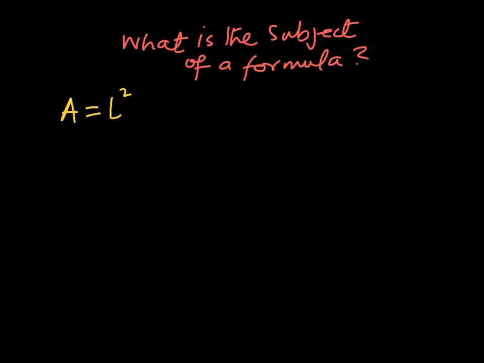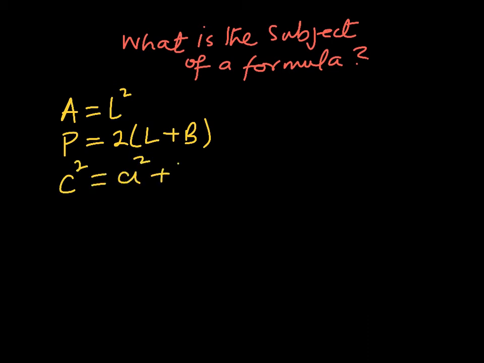We also talked about the perimeter of a rectangle is what? 2 into L plus B. We also talked about the unknown hypotenuse of a right angle triangle, given by the square of the longest side and the addition of the square of the two other sides. Okay, so here are examples of formulas.